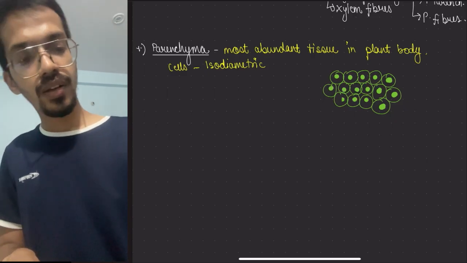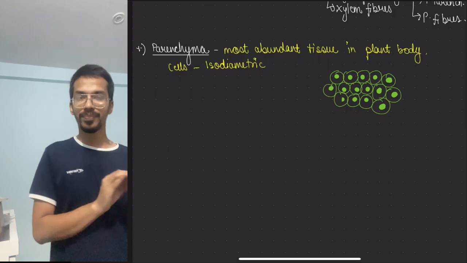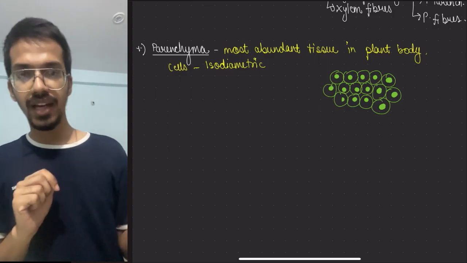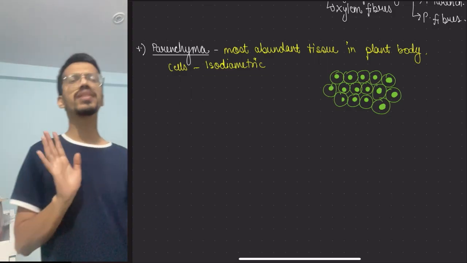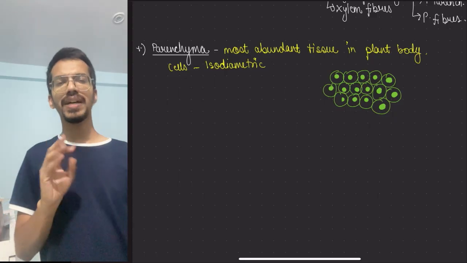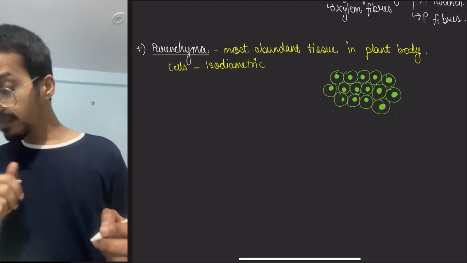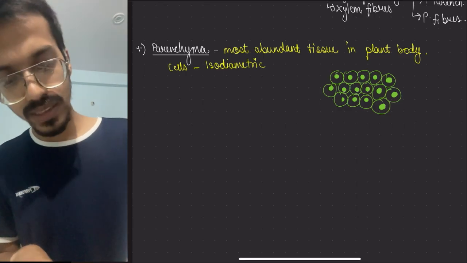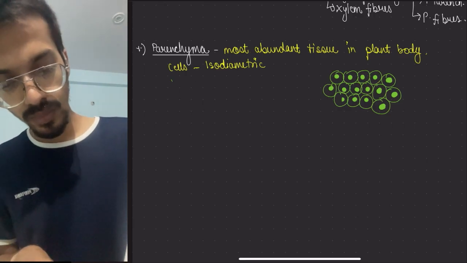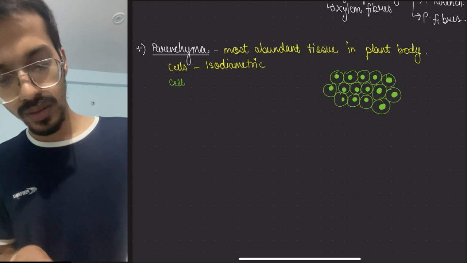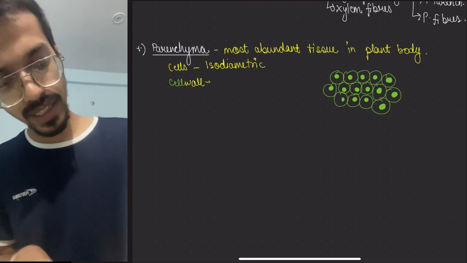Now if you see over here, these parenchyma cells are not thick walled. Their cell wall is made up of cellulose and hemicellulose. These components are only there, not much else is present. So the cell wall is thin, made up of cellulose.